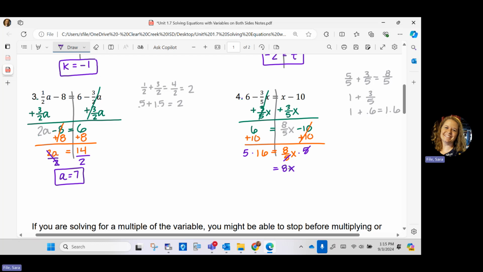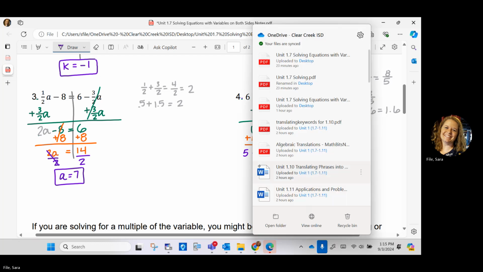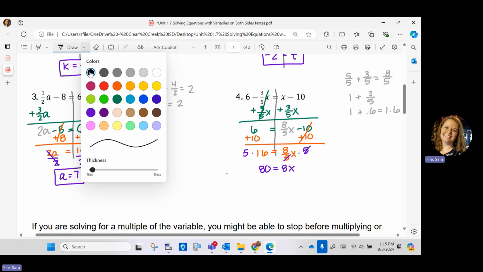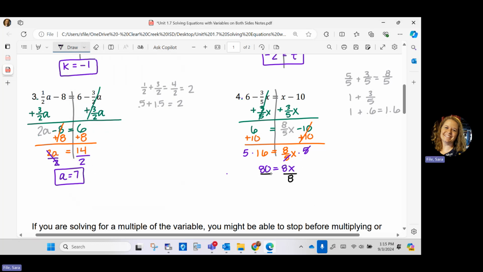And 16 times 5 is 80. And then you can get rid of the 8 by dividing. So that gives me 10.